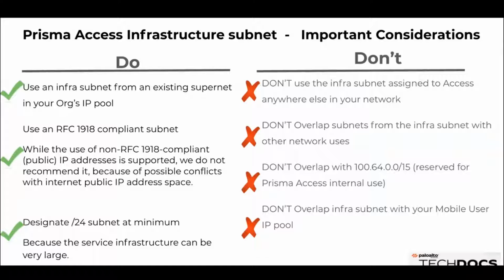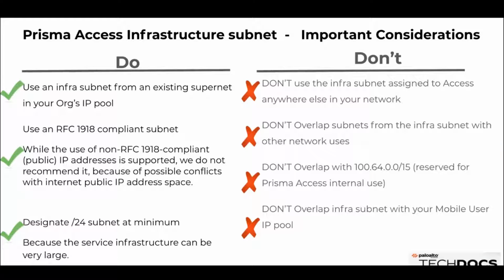Here are some of the important considerations before you configure your service infrastructure. If you create a new subnet for the service infrastructure subnet, use a subnet that does not overlap with other IP addresses you use internally. Use an RFC 1918 compliant subnet.